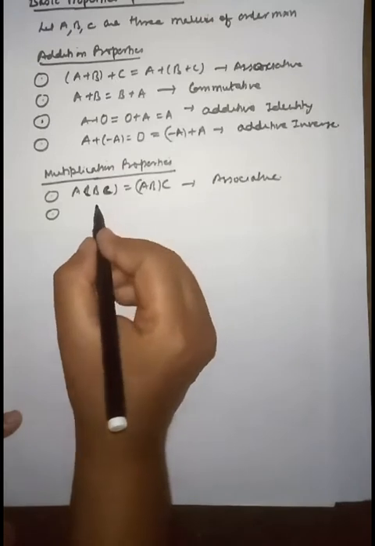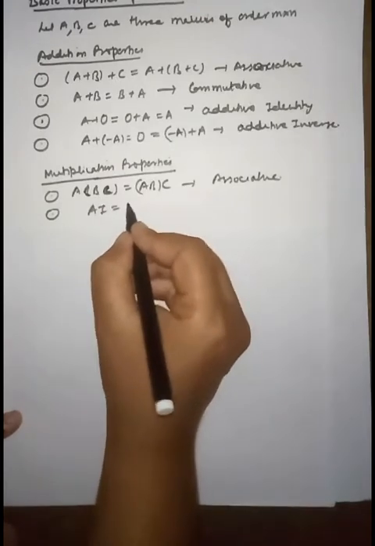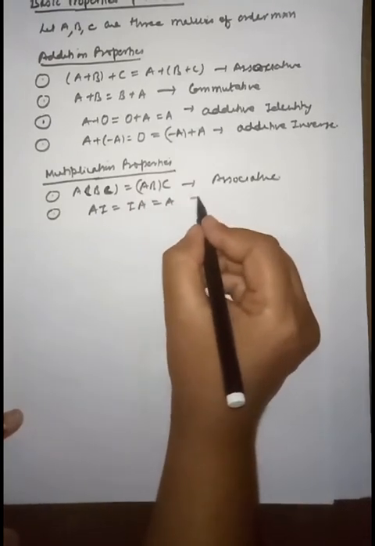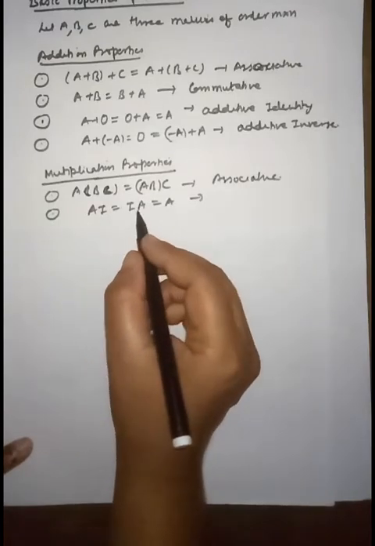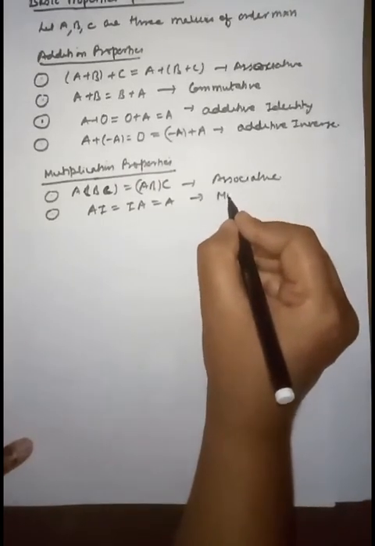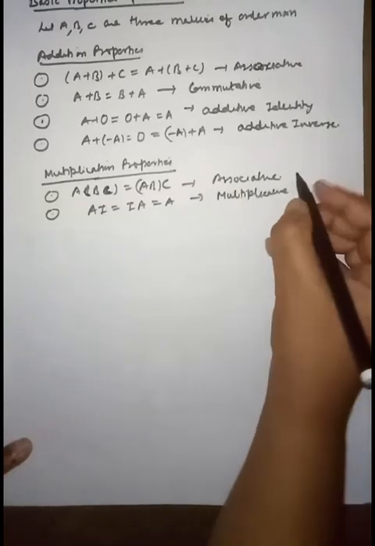Now if we take AI equals IA equals A, this property is known as multiplicative identity, where I is known as the multiplicative identity.